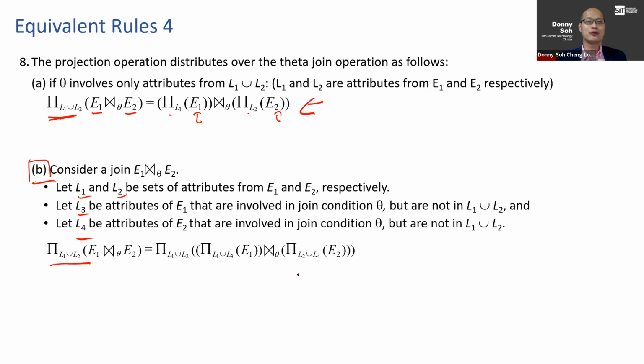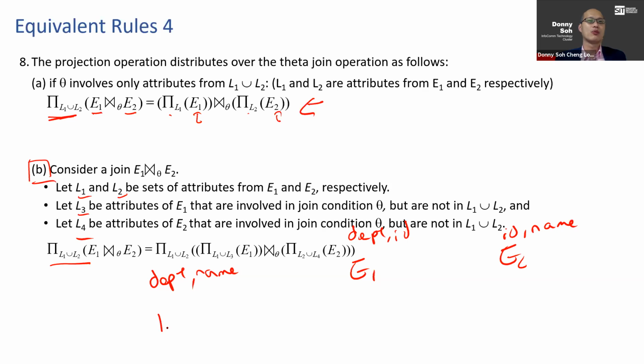Okay, so for example, if I am doing a projection of department and name, and E1 has department and ID, E2 has ID and name.